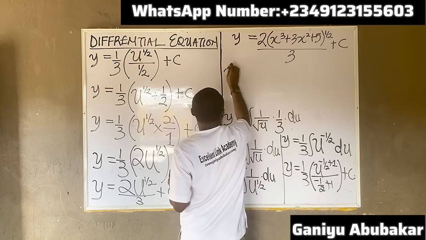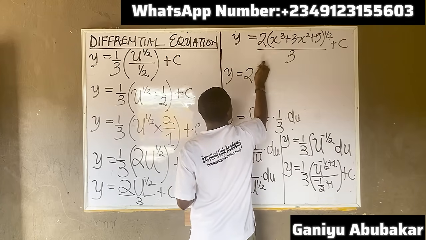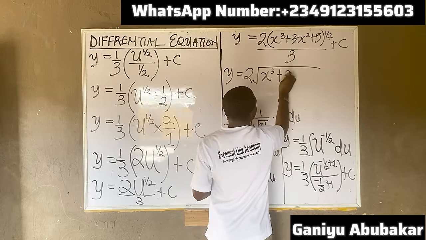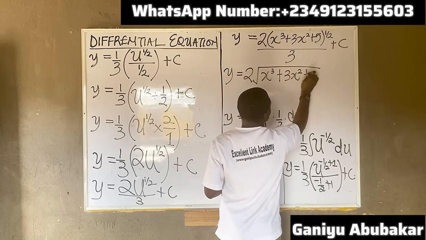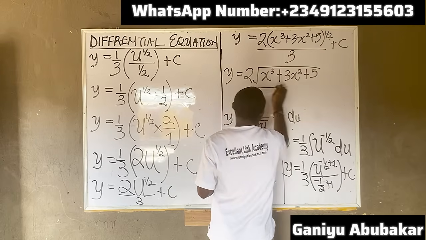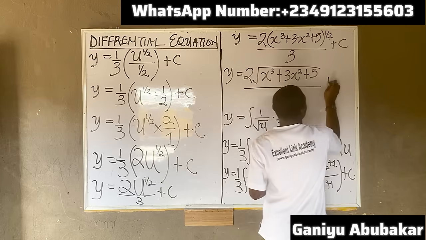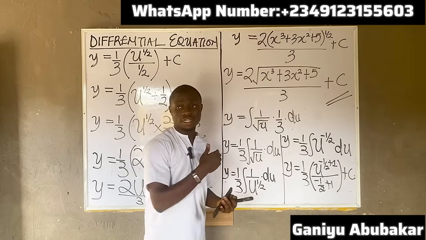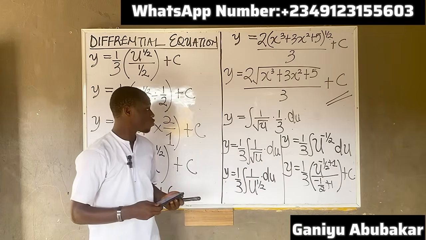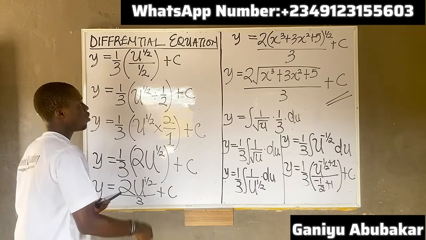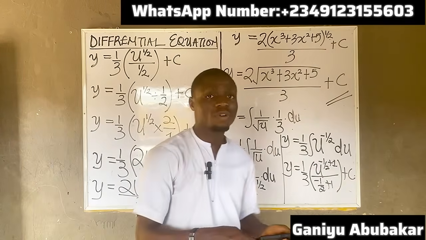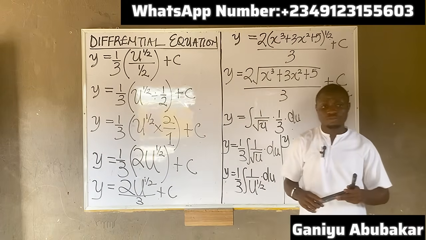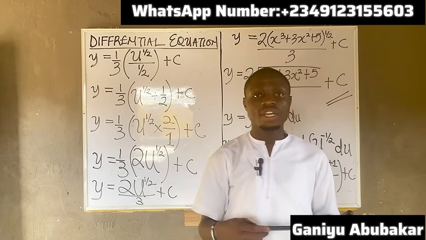So my final answer gives you y equals 2 root of x cubed plus 3x squared plus 5, all over 3 plus c. This is my answer to that particular question. So let's solve questions of this nature. All right, let's solve this particular question. See you guys in our next example.